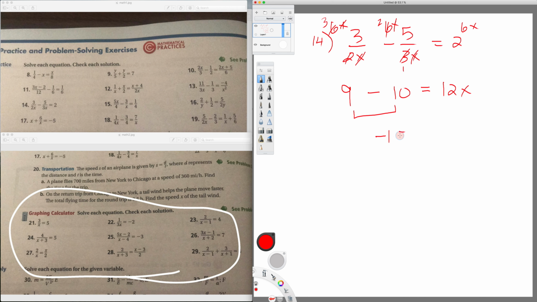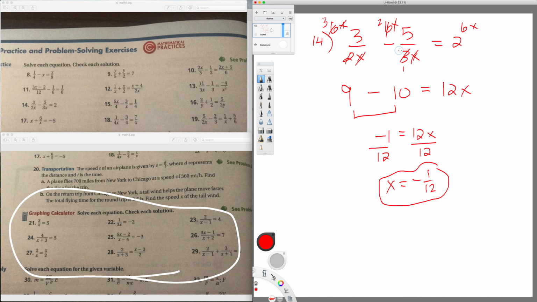So that's negative 1 is equal to 12x. And then we'll divide by the 12 and we get a fraction. It's a negative, but it's fine. So negative 1/12. And that would not make a denominator 0, so we are good to go. Let's move on to 15.